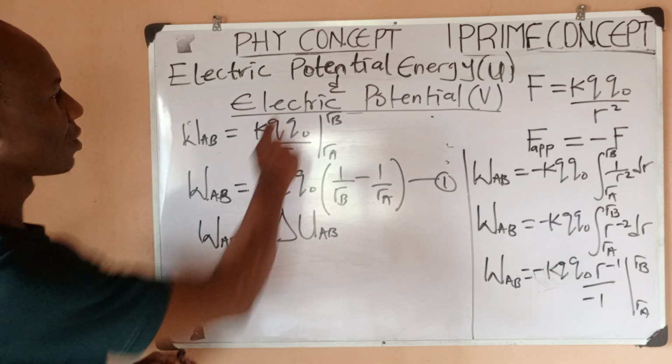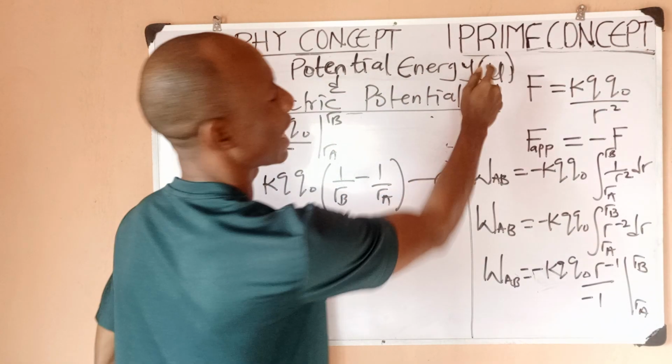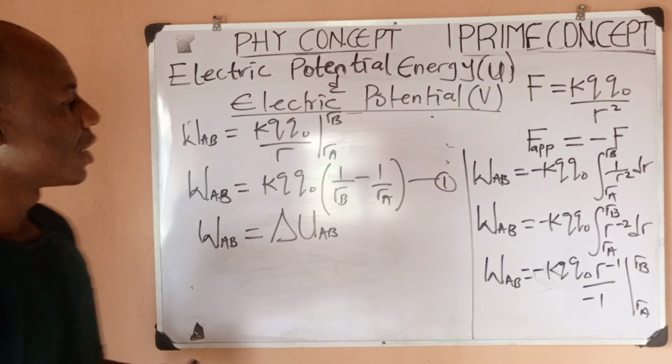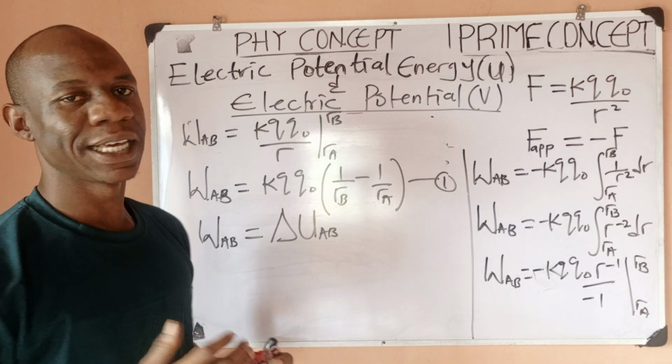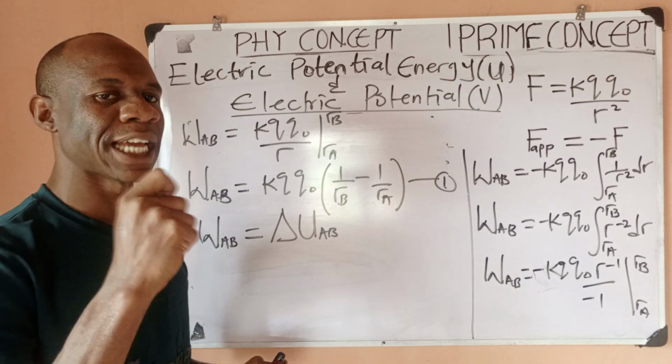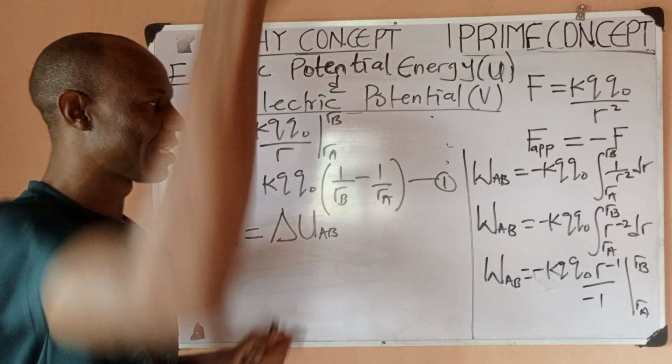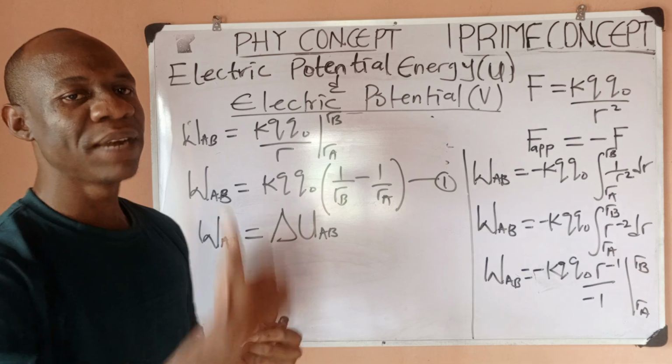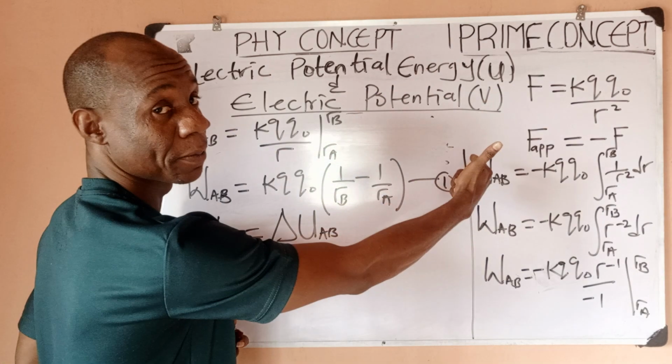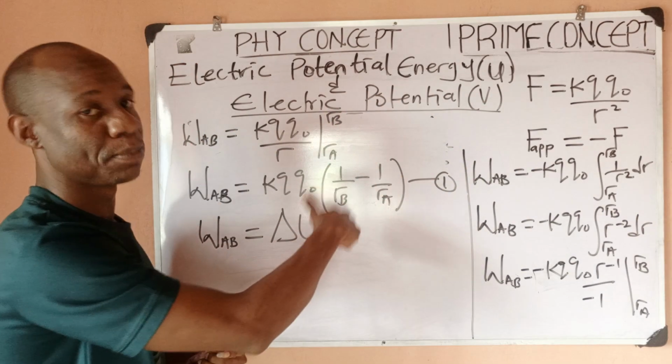The next thing we want to get is potential energy at one point. Now, if we assume in this case that the test charge is located at a very far distance, remember we started by placing the test charge at point A and trying to move it to point B, right?